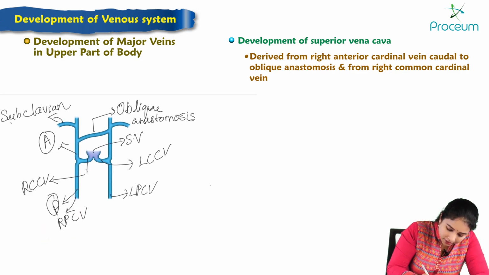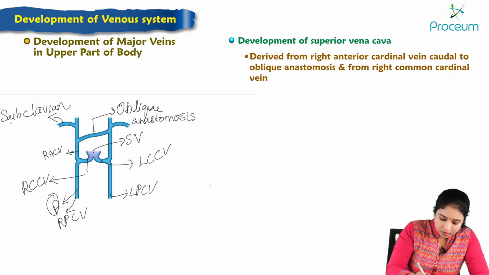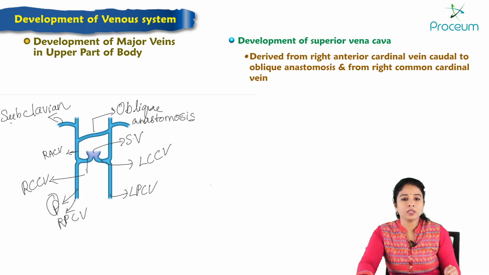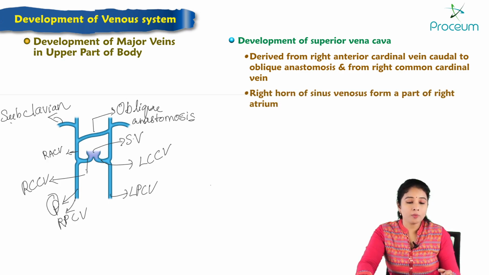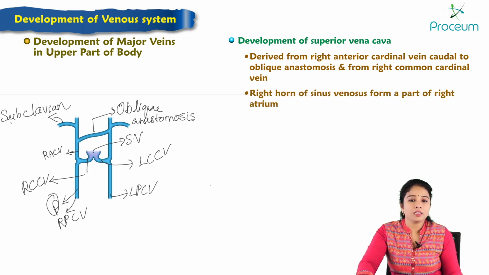This one is the right anterior cardinal vein. So, just caudal to the oblique anastomosis is the superior vena cava, which is from the right common cardinal vein, and the right horn of sinus venosus forms part of the right atrium.